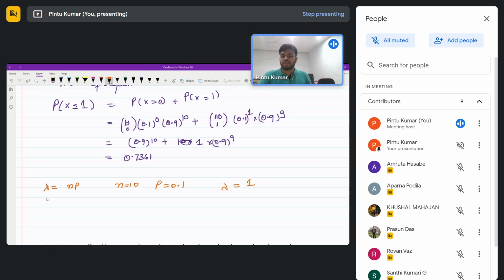Now what you have to find is x less than or equal to 1, which is the probability x is equal to 0 plus the probability x is equal to 1. Lambda is 1, so nothing happens to it. So e to the power minus 1 by 0 factorial plus e to the power minus 1 by 1 factorial.